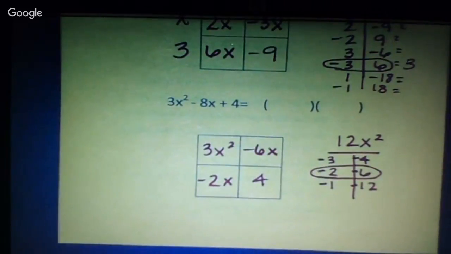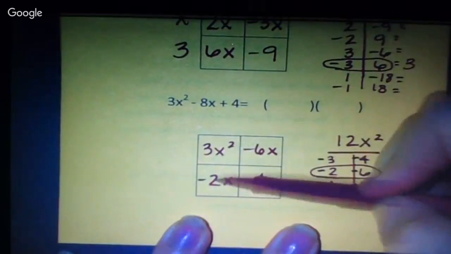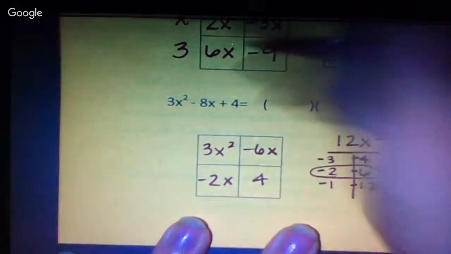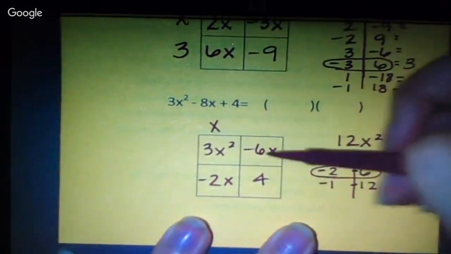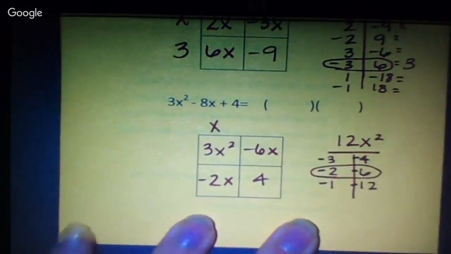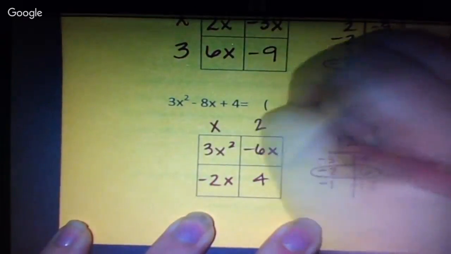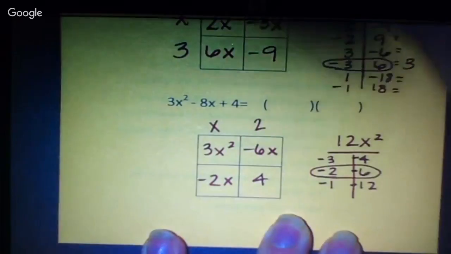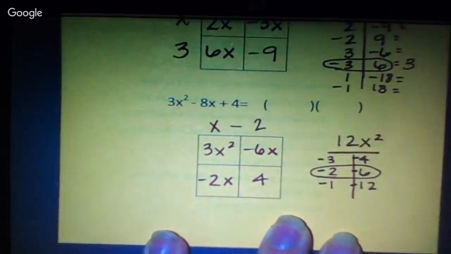So not only do we pull out a negative when they both share a negative in common, but take a look at this. 3x squared and -2. What do we pull out? Just an x. -6x and 4, 2.